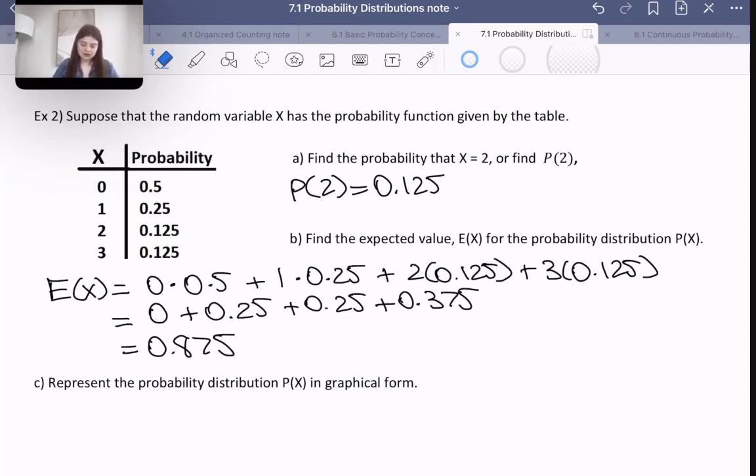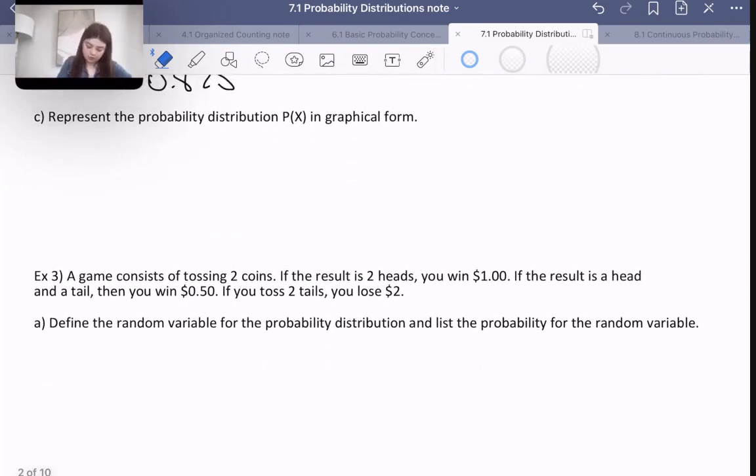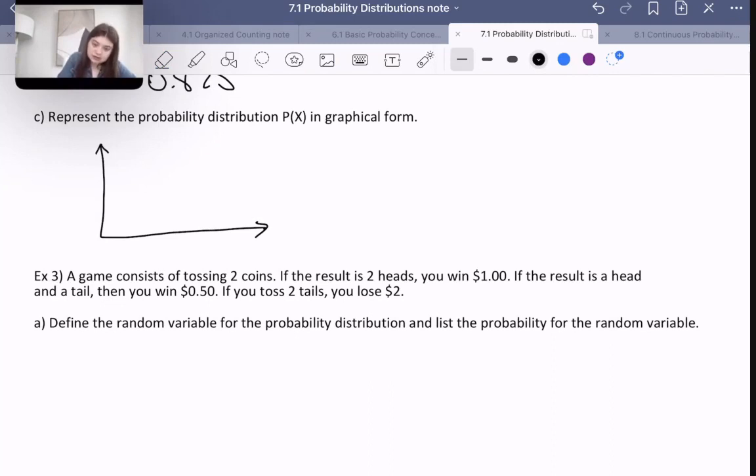Now it says to represent the probability distribution in graphical form. So this is also pretty simple, just like the last time. We just have to draw our x values. Here's our p of x values, and here's our x values. And we want 0, 1, 2, and 3 this time. And we want to go all the way up to 0.5. So let's see, let's do 0.125, 0.25.